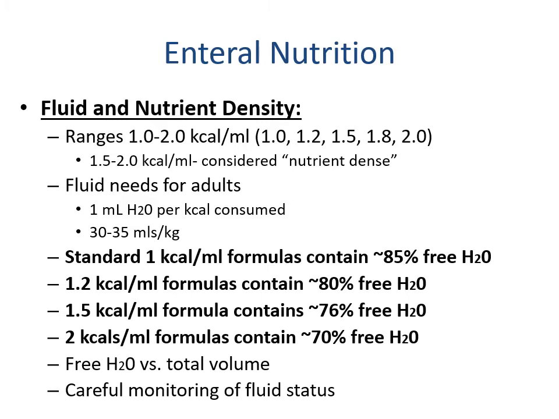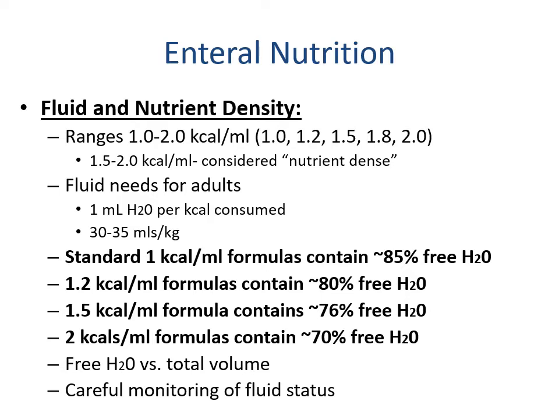Now remember, our recommendation for adults is 1 milliliter per calorie, or 30 to 35 milliliters per kilogram. So for our patients receiving a 1.0 formula, we're actually going to meet our fluid needs, usually with the tube feeding. But if you increase the density, 1.2, 1.5, 1.8, or 2.0, then the patient is likely not going to get enough fluid from the formula itself.